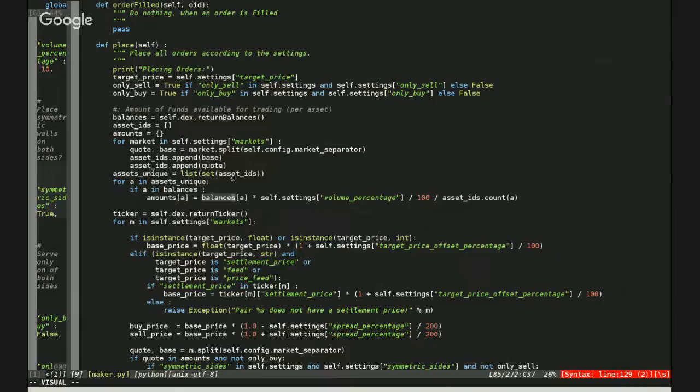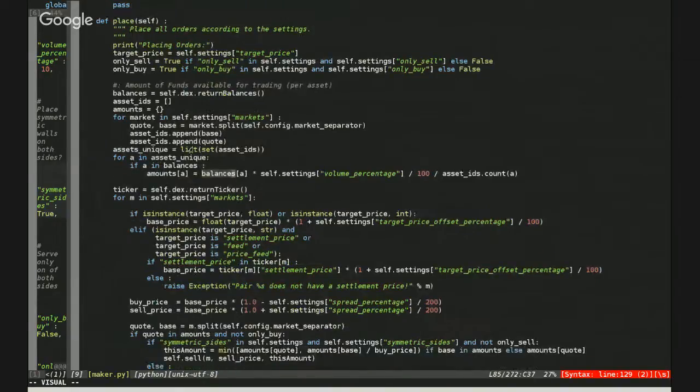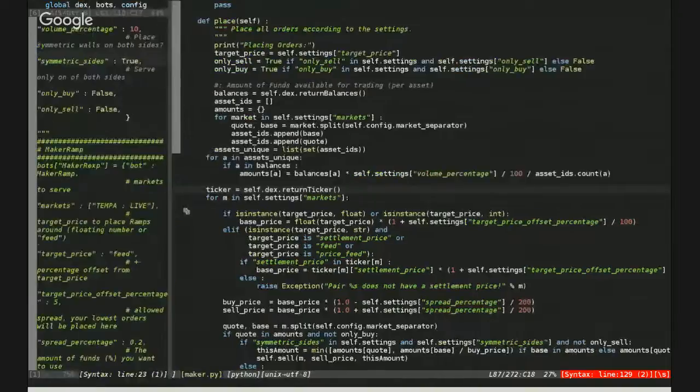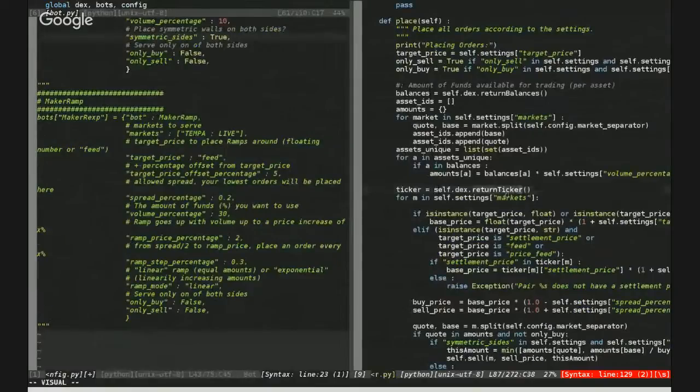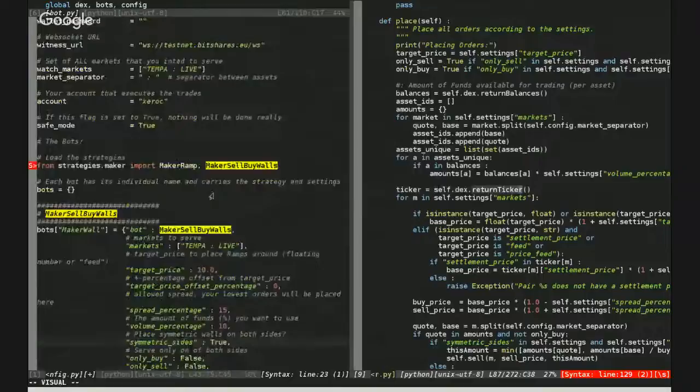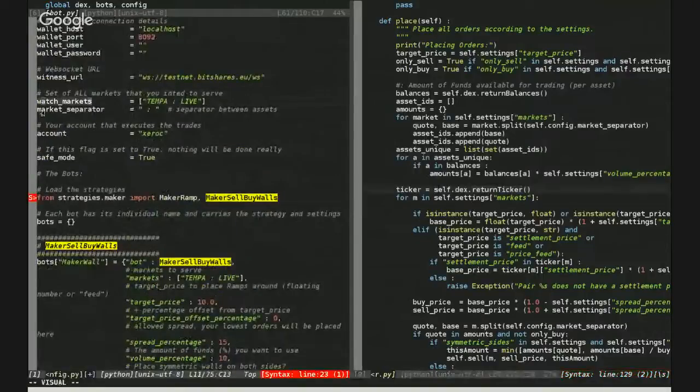Symmetric is not even here, I think symmetric is below somewhere. So this is what assets are involved. These are the amounts that are involved from both assets in our bot. The ticker is something we are going to take data from the DEX. The ticker here gives us all tickers from all the markets that we have here in watched markets.